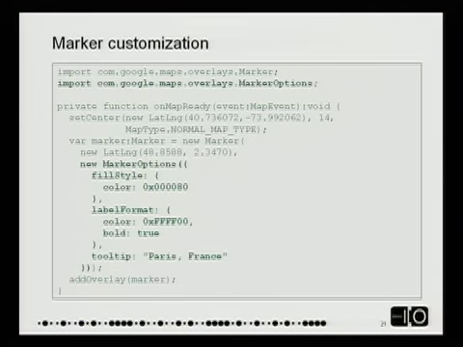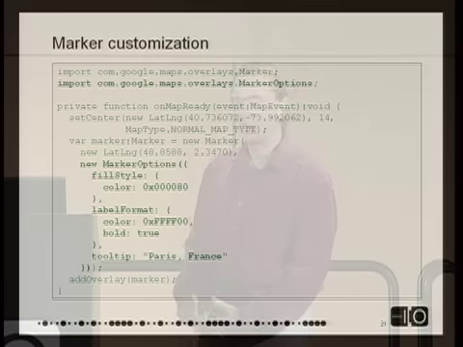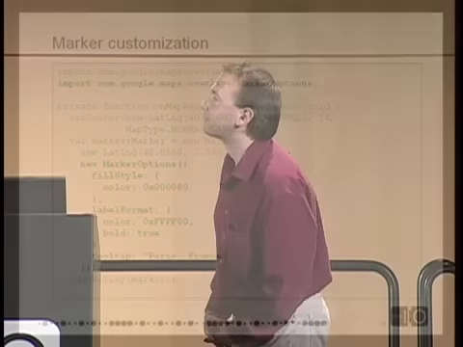But it's perhaps really customization which is one of the main advantages of using the Maps API for Flash. And this is showing the basis of how some of that's achieved. So as well as that required parameter, the lat long for a marker, there's also a marker options class, which can be used to pass in details customizing the appearance of that marker.